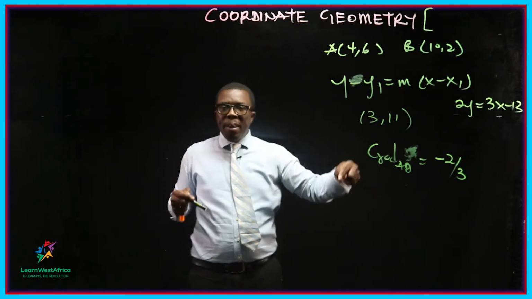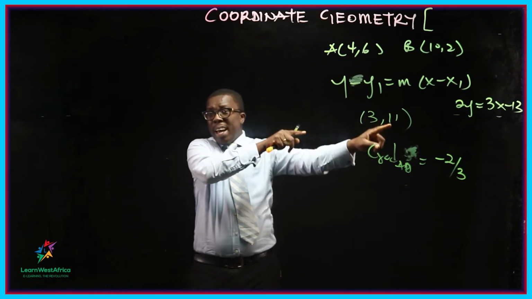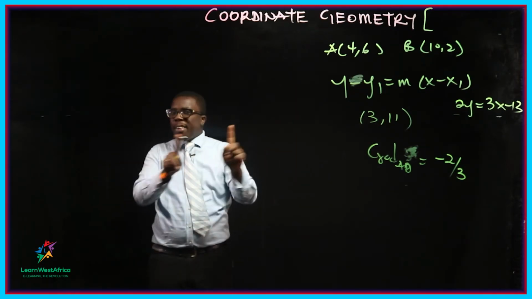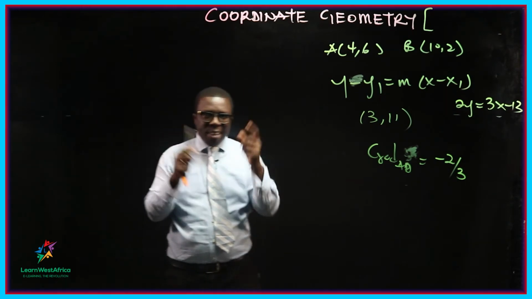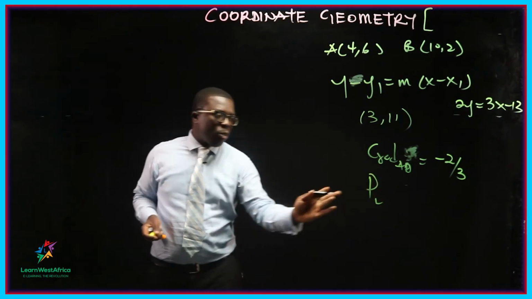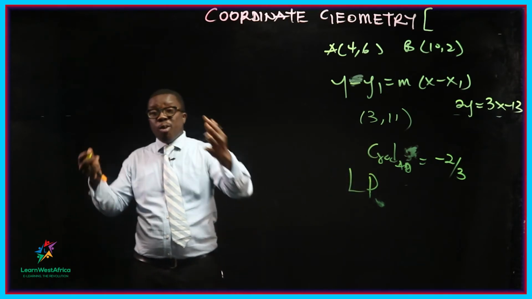So if this is the gradient of AB, and we are saying that there's another line that is parallel to the line AB, we know the concept of parallel lines, that if two lines are parallel, their gradients are the same. So this parallel line, let's call it LP.